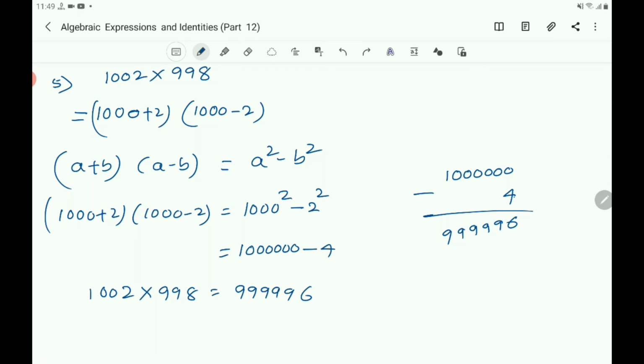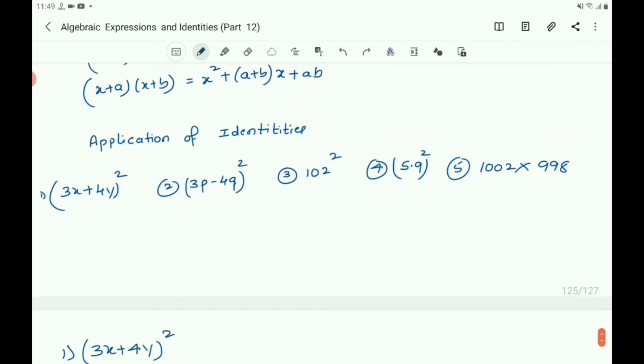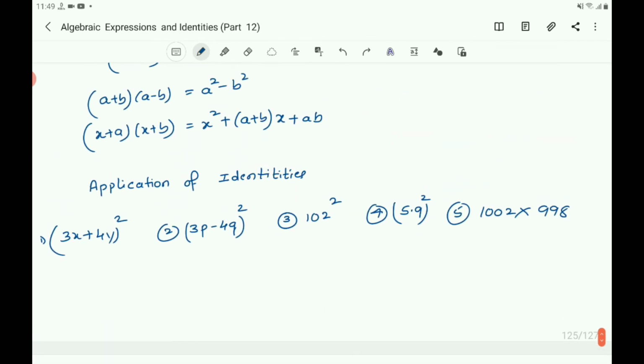In this way, by applying the identities, you got the expansion of 3x plus 4y whole square, 3p minus 4q whole square, and also the value of 102 square, 5.9 square, and the product of 1002 into 998.